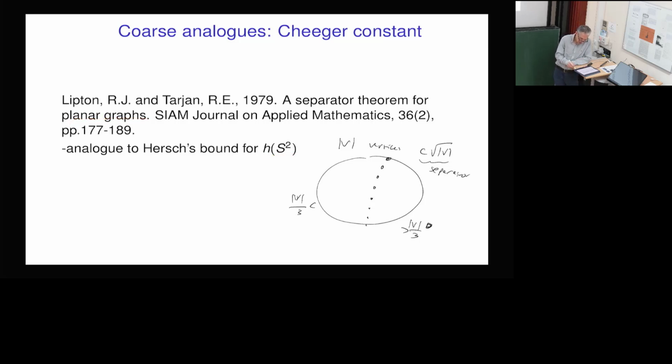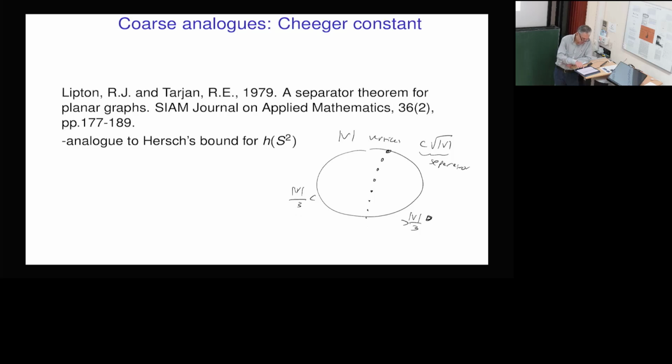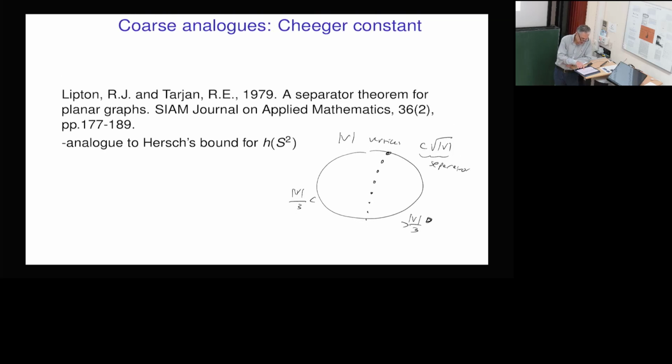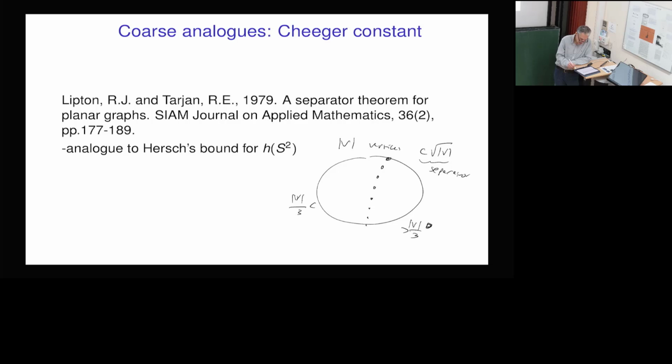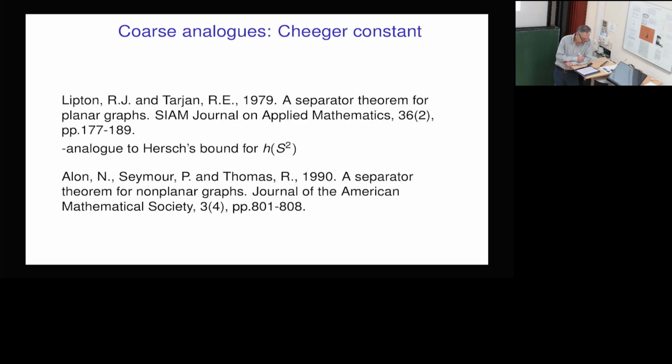Okay, so now this might not seem very interesting, but here is another theorem where computer scientists do more geometry than geometers. It's a theorem for non-planar graphs. To begin with, what are these graphs? Minor restricted graphs.